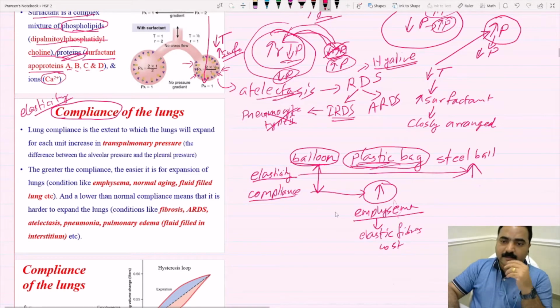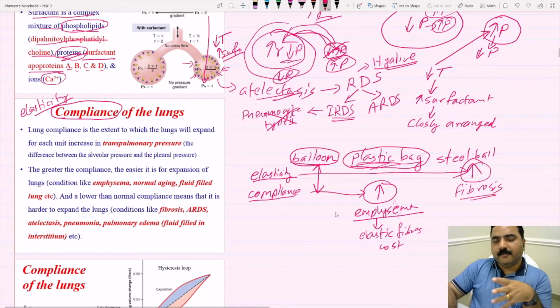Whereas in conditions like fibrosis, you have increased elasticity. So what happens in fibrosis? For example, if a person is working in a coal mine, coal particles will fall in the lung, and then the lung connective tissues will start to produce fibrous tissue.